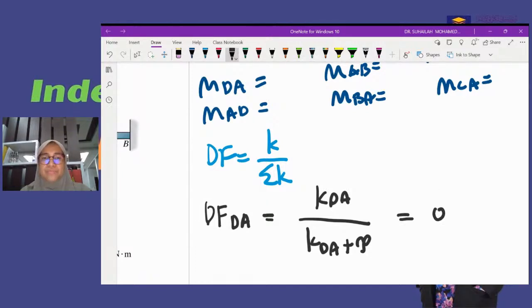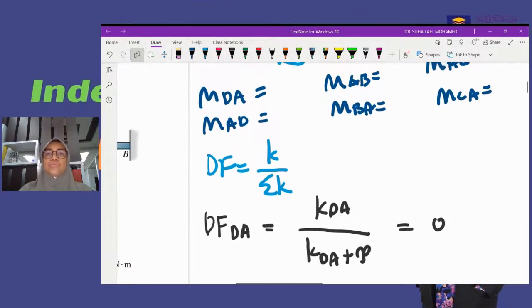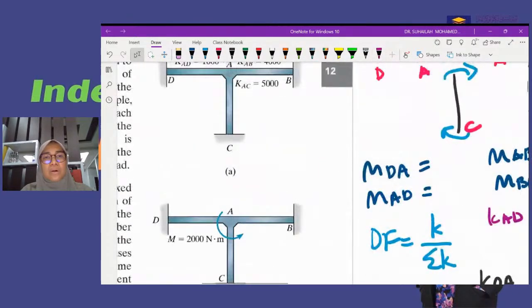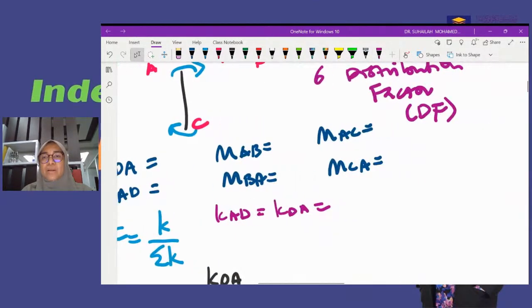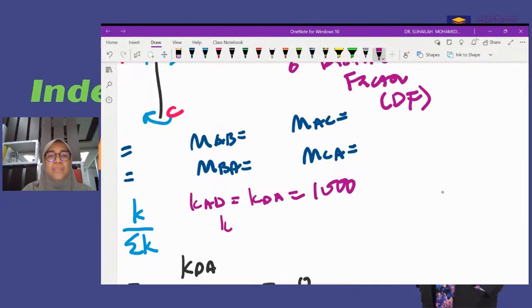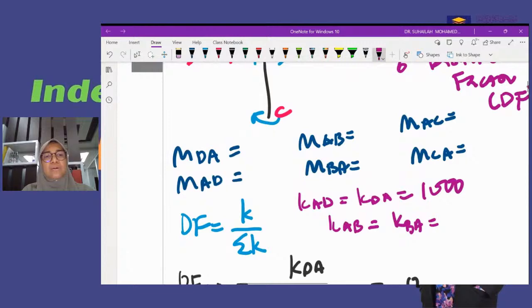So we actually have KAD, which is the same as KDA. It is the same thing, and this is equal to 1000. We have KAB, which is the same as KBA, and the value is, I think, 4000.